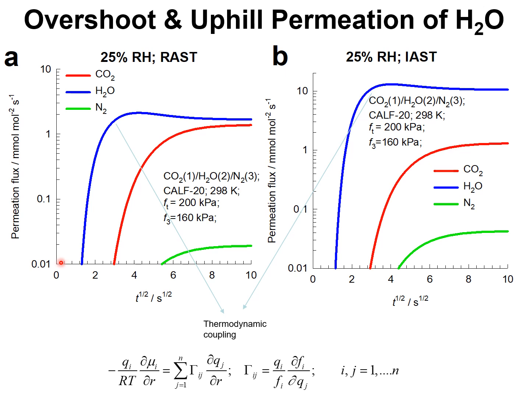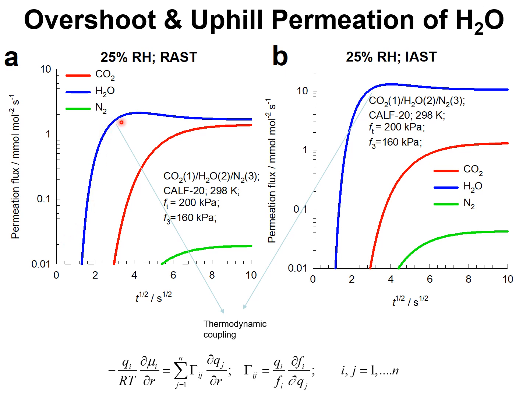We note that the permeation fluxes of water vapor and CO2 are about 2 orders of magnitude higher than that of nitrogen, indicating that CAF20 is an excellent candidate for use in CO2 capture from humid flue gases.